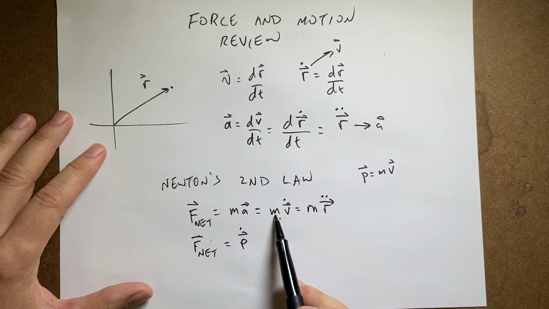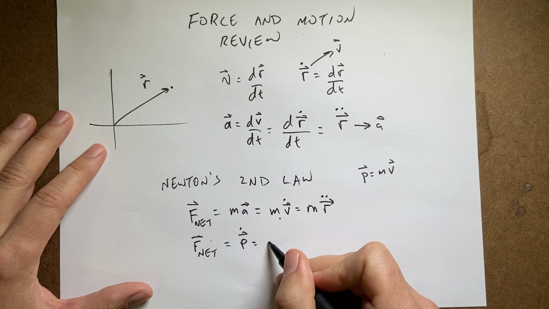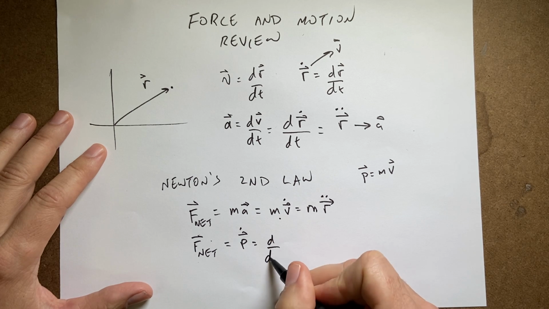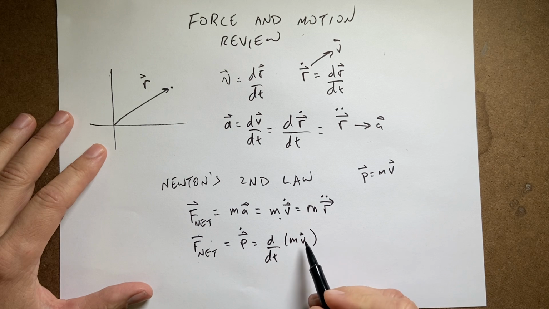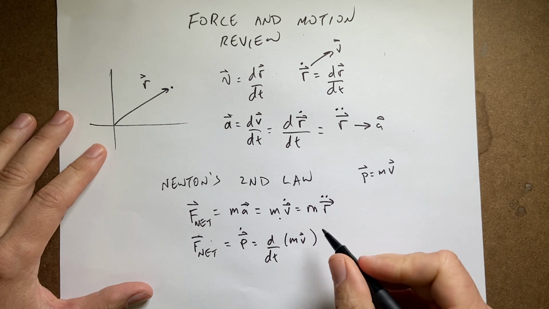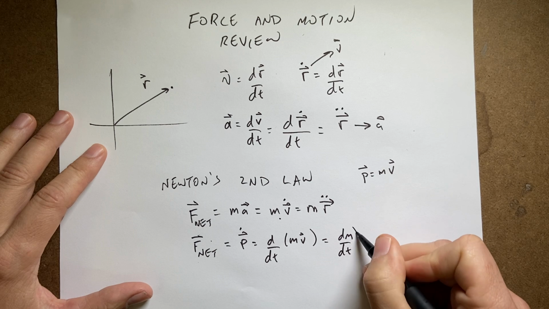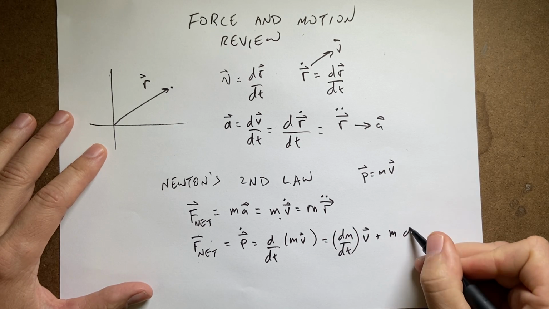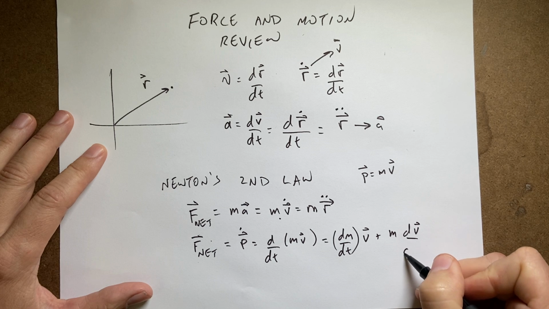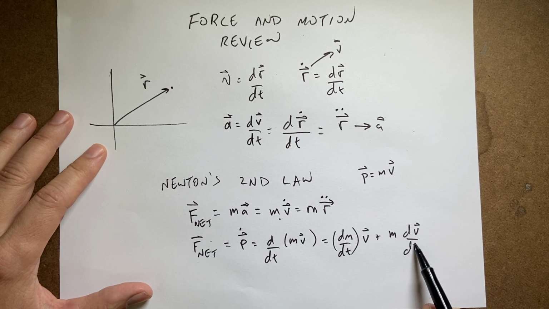If the mass is constant, then let's write it out the long way, d/dt of mv. Using the product rule, this would actually be dm/dt times v plus m times dv/dt. So if the mass is constant, that term's 0, and you get m dv/dt or ma. So they're equivalent.